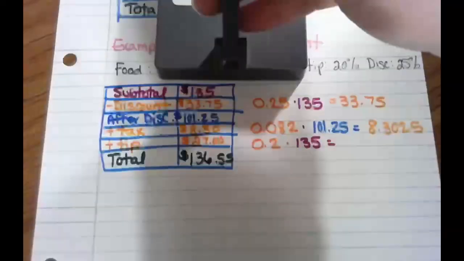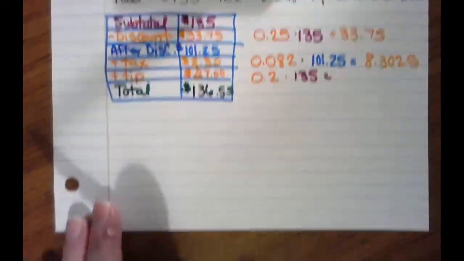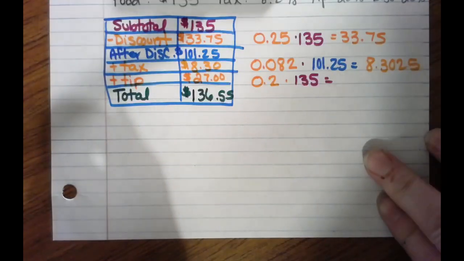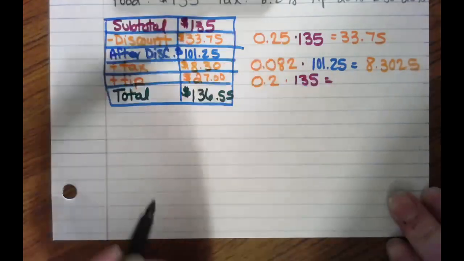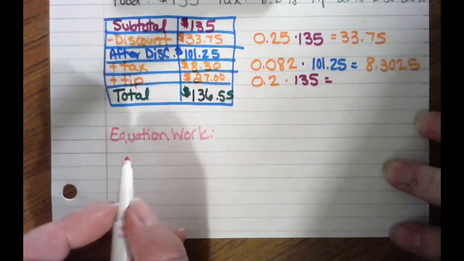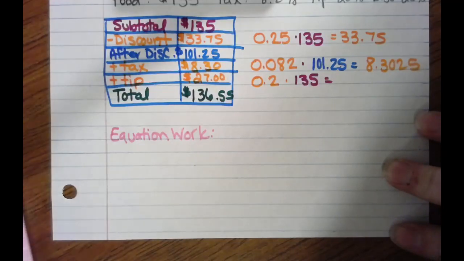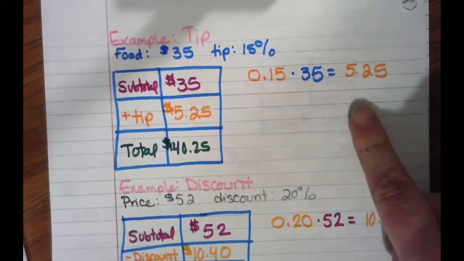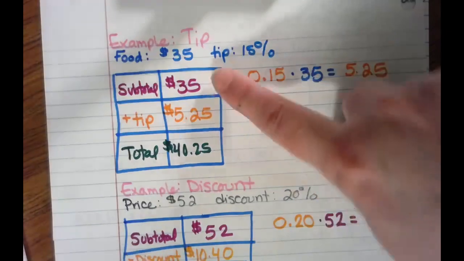The other thing I want you to look at really quick is to think about this in terms of a little bit of equation work. In one of our examples, we had a 15% tip. What we did is we said that's 35 plus 5.25. We calculated that right here. What I want you to think about is we took 35 and added 5.25 to it.